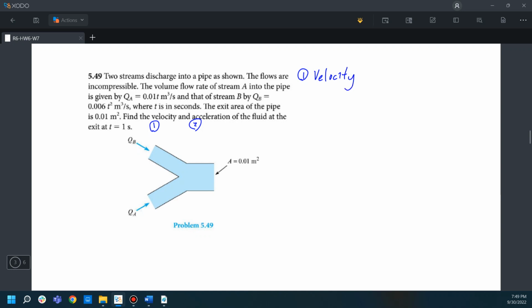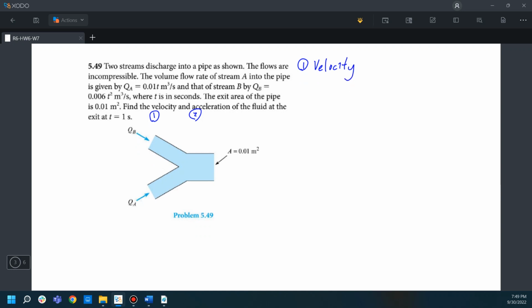Okay, let's start with the velocity first. And we will apply the continuity equation. And according to the previous question, the continuity equation looks like this. I will just rewrite it. This will equal to 0, and this equal to the control volume term plus the control surface term.